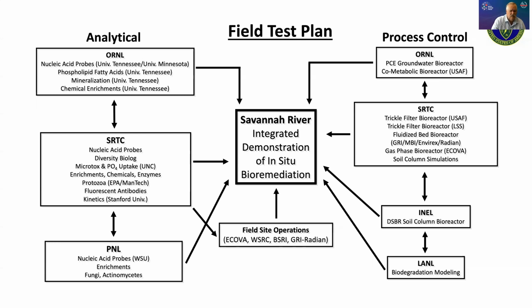Pacific Northwest Laboratory had contracts with Washington State University, and they were doing enrichments, fungi, and actinomycetes. We also had field site operations with Ecova, Westinghouse Savannah River, and Battelle Savannah River, and the Gas Research Institute and Radian. On the process control side, we had ORNL with a PCE groundwater bioreactor and a co-metabolic bioreactor from the U.S. Air Force.